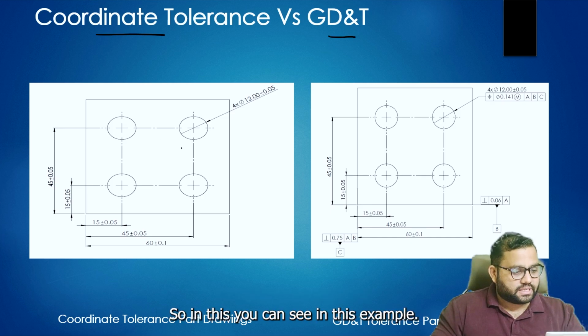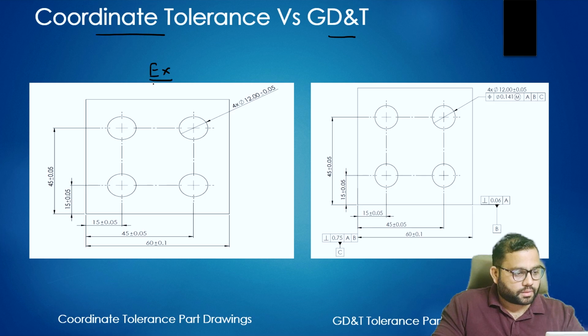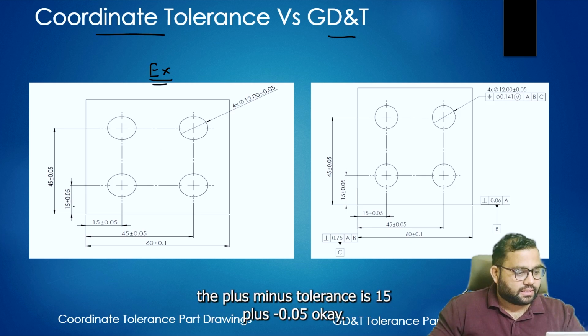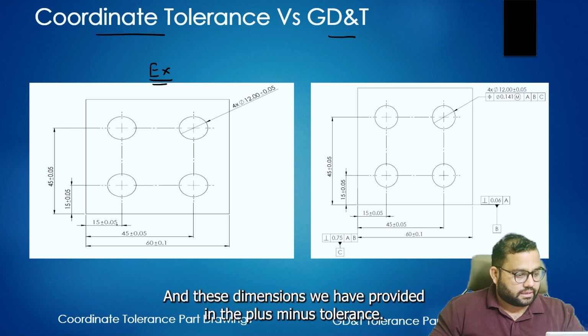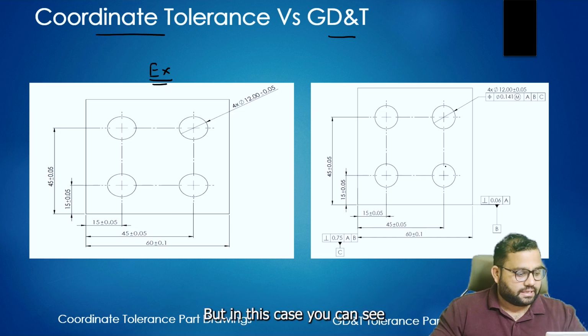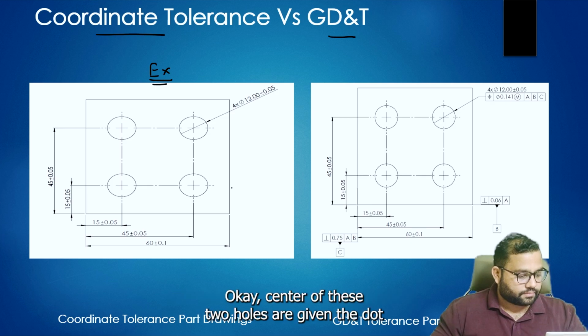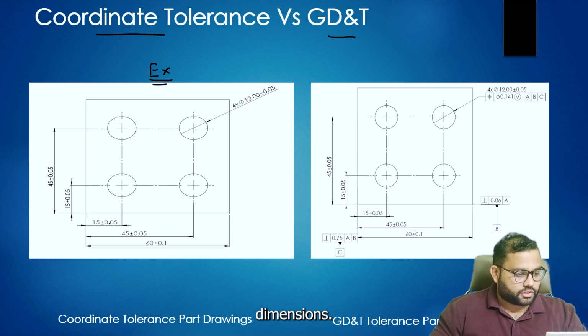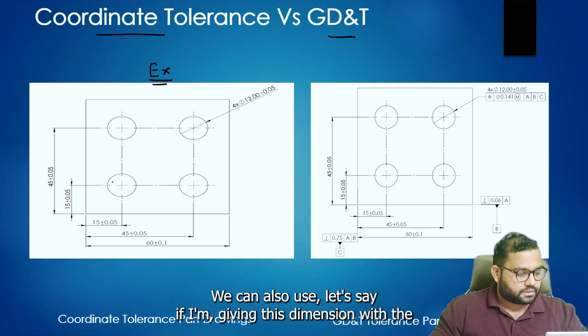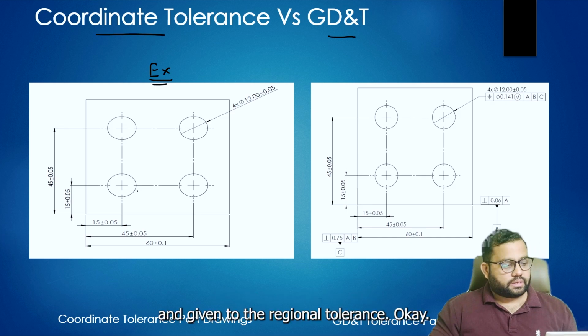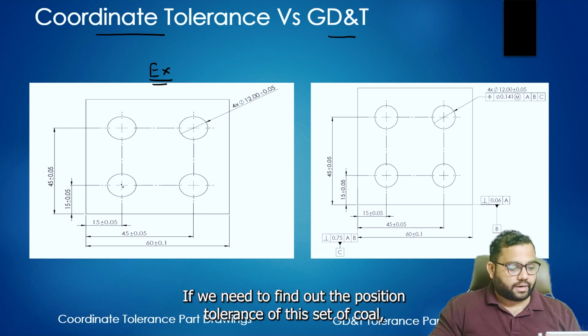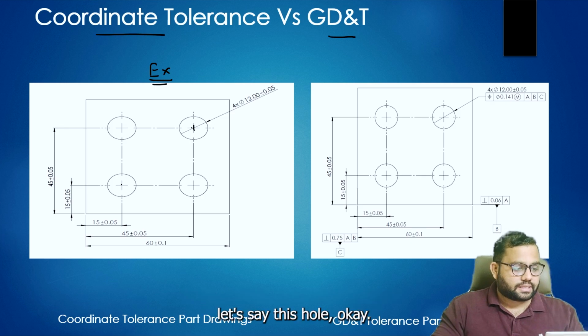In this example, we have defined plus minus tolerances, 15 plus minus 0.05, and these dimensions are provided as plus minus tolerances. But in this drawing, the centers of these two holes are given with dimensions, and we can also give the positional tolerance. If we need to find the position tolerance of this hole, let's say this hole.